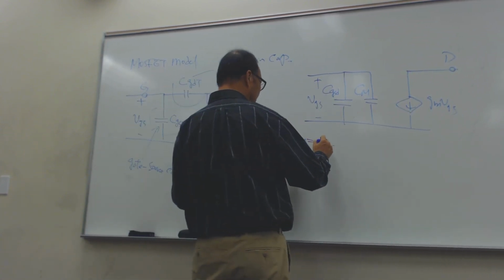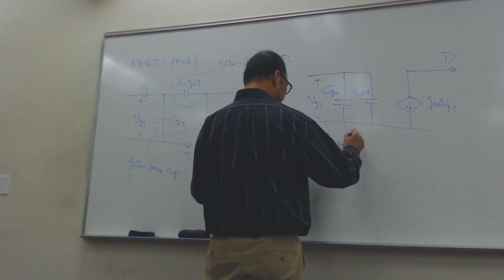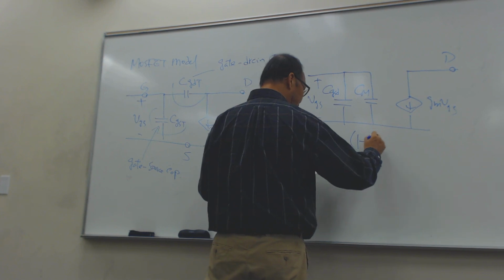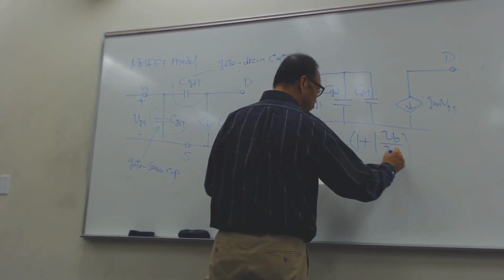It's C_GD times 1 plus the magnitude of V sub o over V_GS.